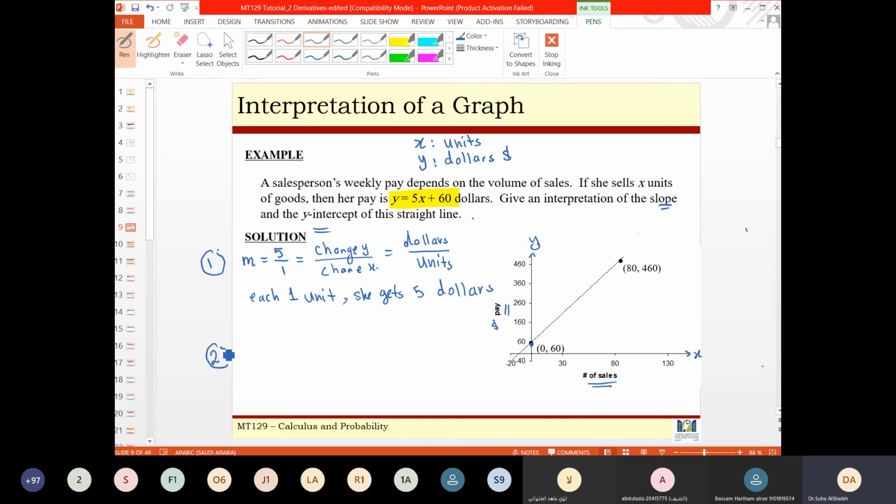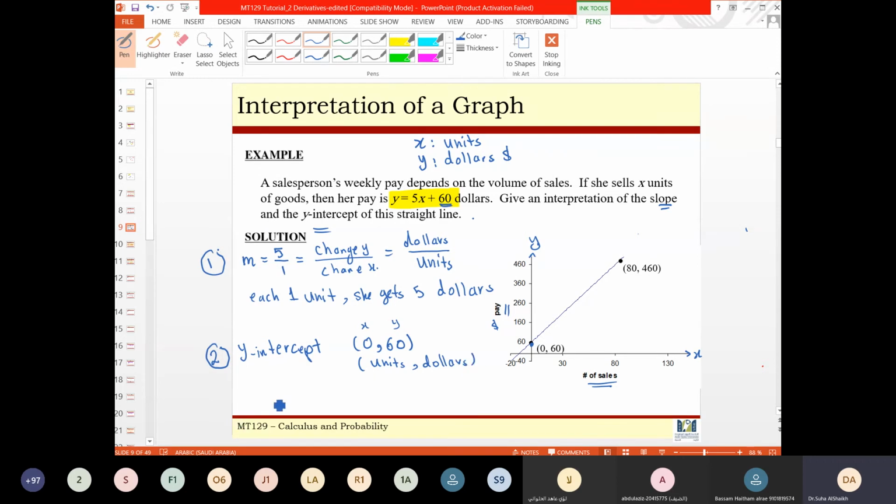In number 2, I'm gonna take the 60, the y-intercept. The y-intercept is 60, which is (0, 60). هذا y-intercept. Again, هذا x وهذا y. What is x? Units. What is y? Dollars.